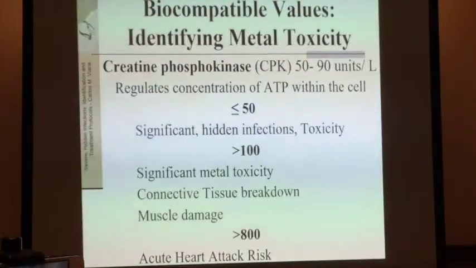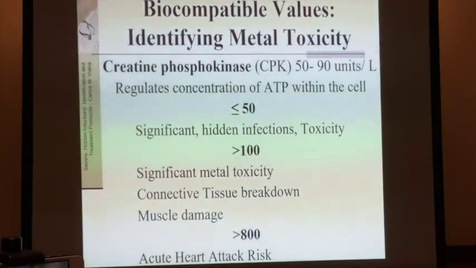The other value that is very important is creatine phosphokinase. We'd like to see it between 50 and 90. If it's less than 50, you know that the production of ATP in the cells is very, very deficient. If it's more than 100, you know that there's no question that there are significant hidden infections.